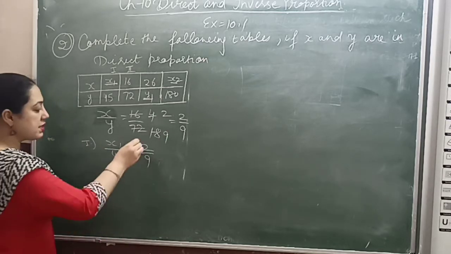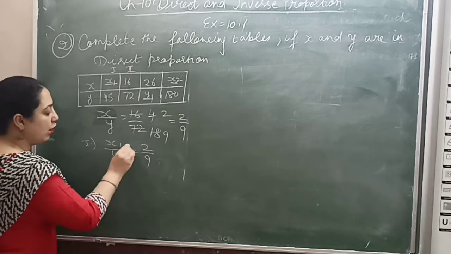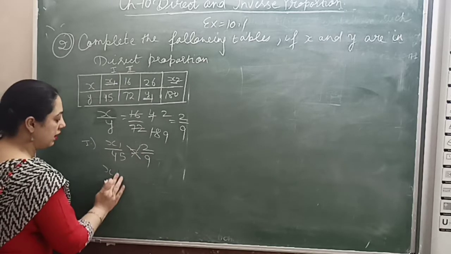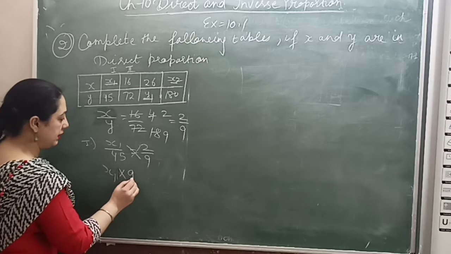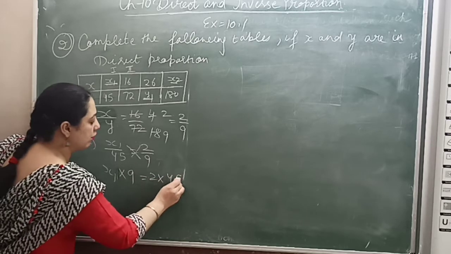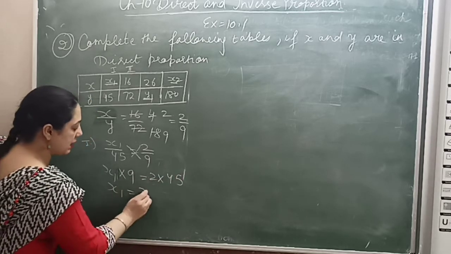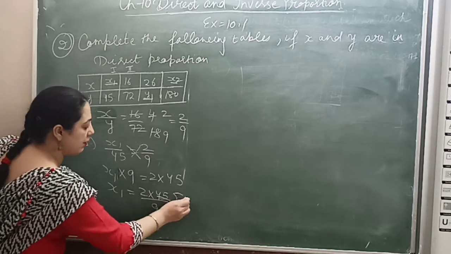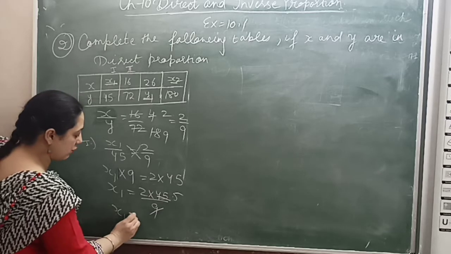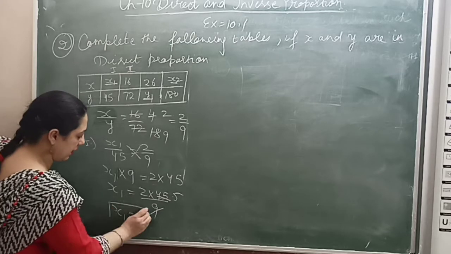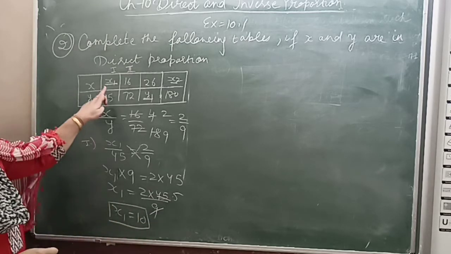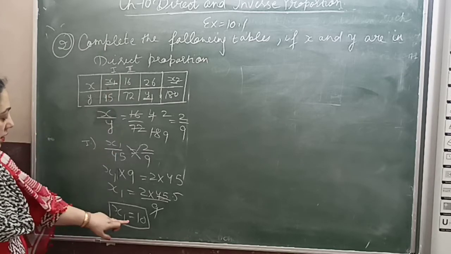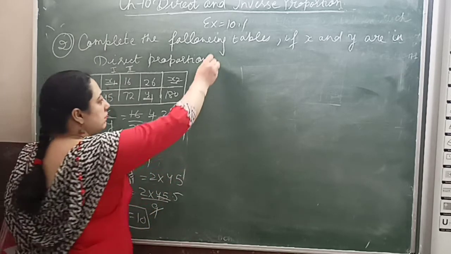By cross multiplying, we will find the value of x1. x1 into 9 equals 2 into 45. So x1 is 2 into 45 over 9. 9 5s are 45, so x1 is 2 5s are 10. So beta, the first missing value in this table, x1, is 10.